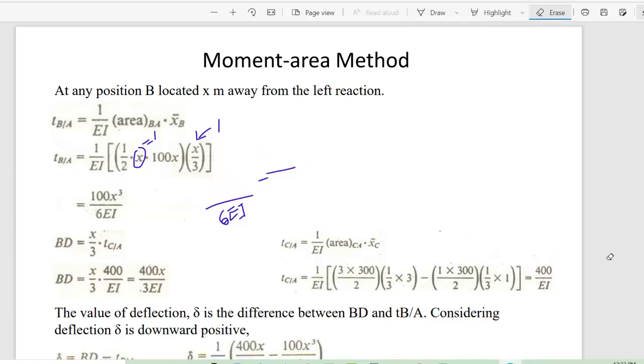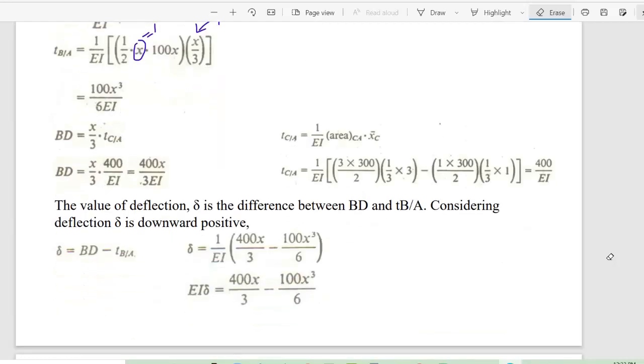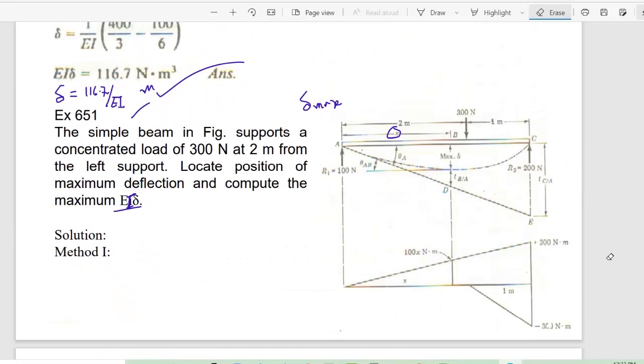So now we are still keeping the x as x. Now we can calculate theta C by A. In the calculation of theta C by A, we don't have to use the x variable, because we know the total distance is 3.